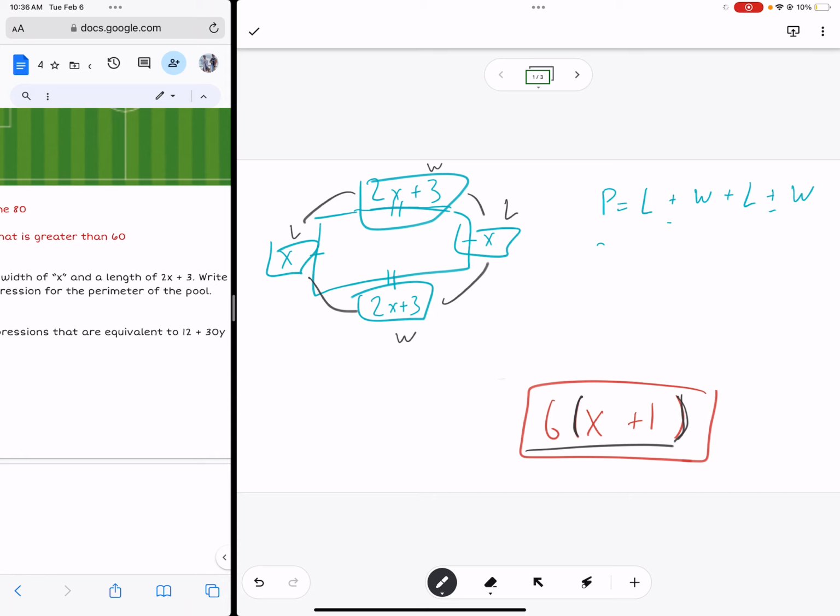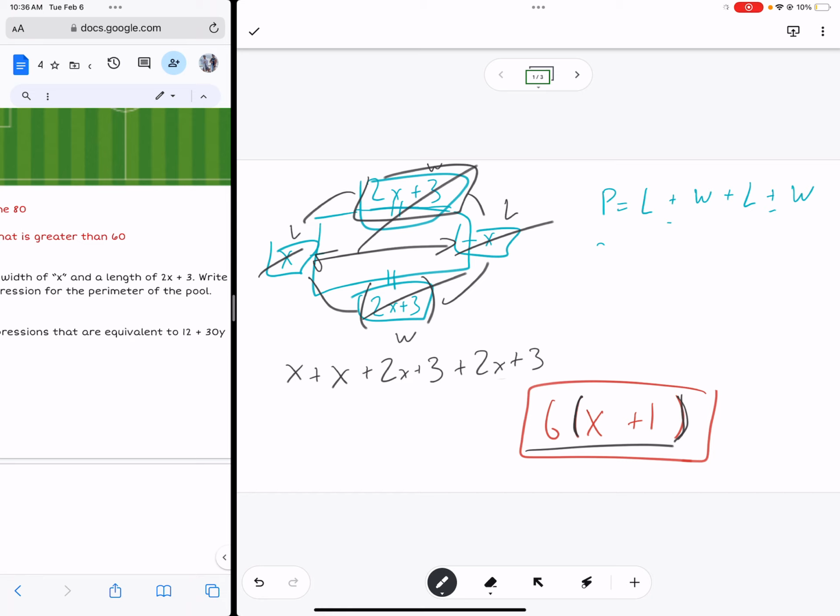So you have both of your x's, so you write x plus x, and then you have 2x plus 3, so plus 2x plus 3. I still have to add this 2x plus 3 plus 2x plus 3, and now I've accounted for everything. Do you see where you got that from? Yeah. That whole equation, you're just adding. Combining like terms, you would get 6x plus 6, and then you factor.